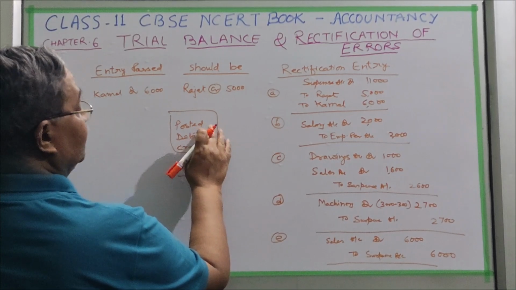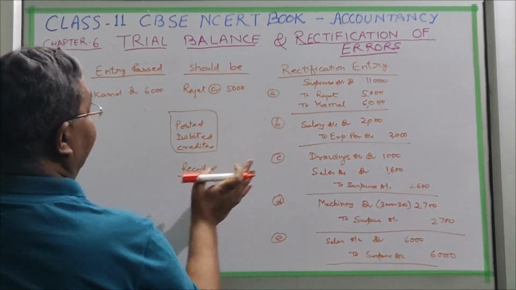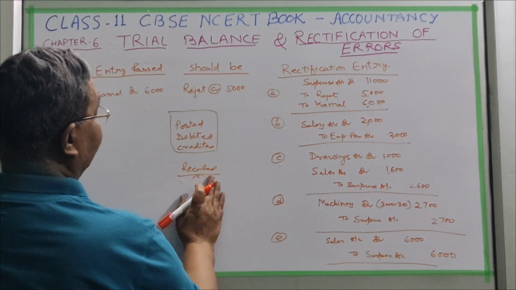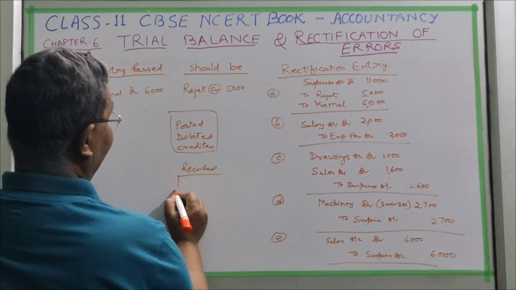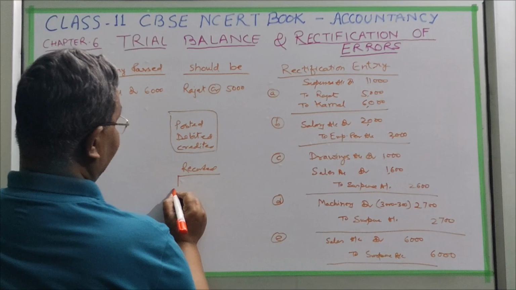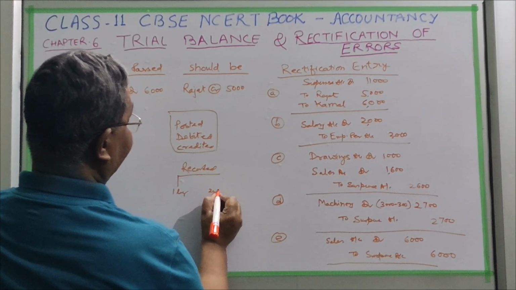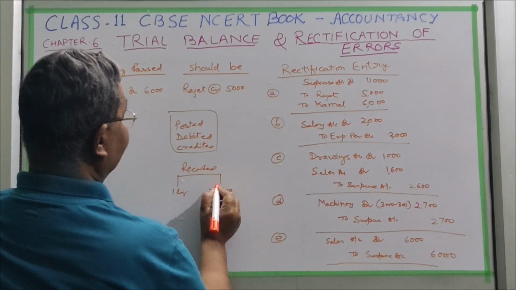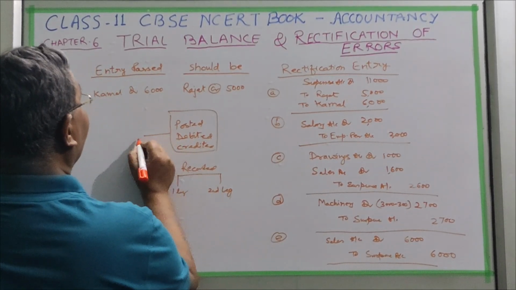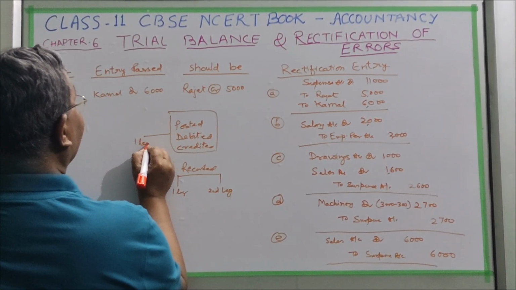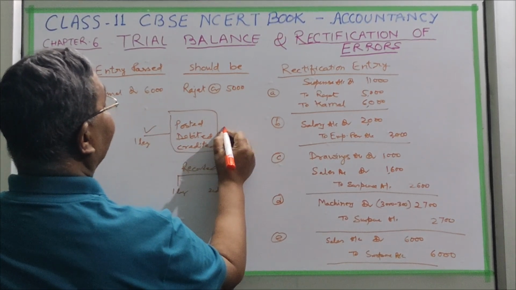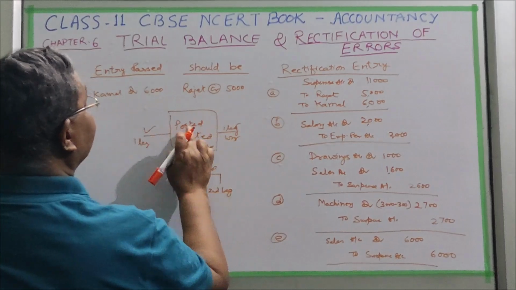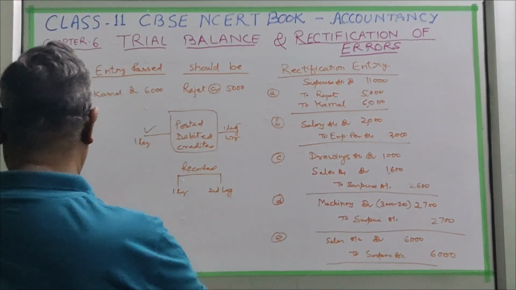And here usually where one entry is posted, debited, it means one leg is correct, one leg is not correct. In the double entry system, there is one leg and a second leg. So here both the legs are wrong. Here only one leg is correct and one leg is wrong. Okay, posted and recorded, this is the difference.